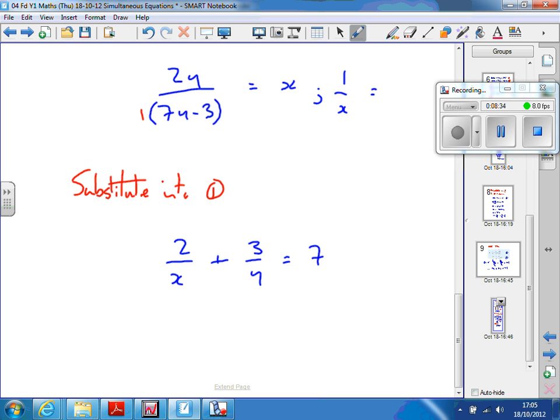If I invert that to get 1 over x, think of this x, it's like x over 1. So I invert this to get 1 over x, and I get 7y minus 3 over 2y.